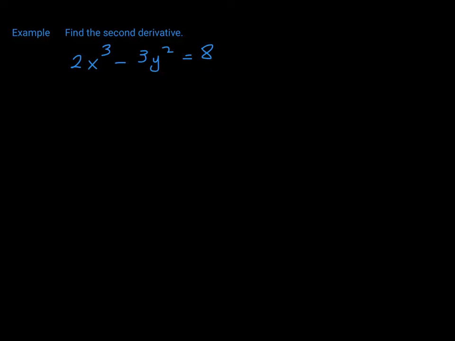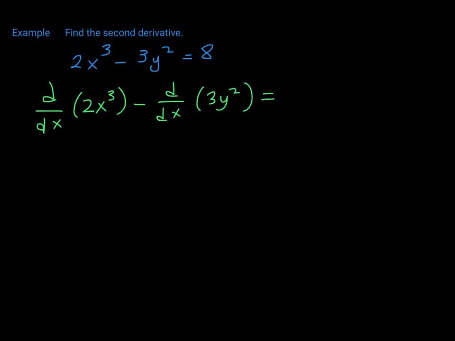So let's go ahead and do it. Let's differentiate both sides. Let's find the derivative of 2x cubed and then minus the derivative of 3y squared. Let's not forget that y is a function of x. And then, of course, the derivative of the right-hand side.